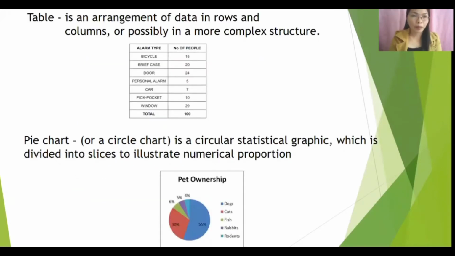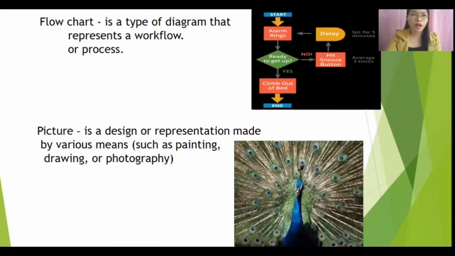A table is an arrangement of data in rows and columns, or possibly in a more complex structure. A pie chart is a circular statistical graphic which is divided into slices to illustrate numerical proportion. A flow chart is a type of diagram that represents a workflow or process.